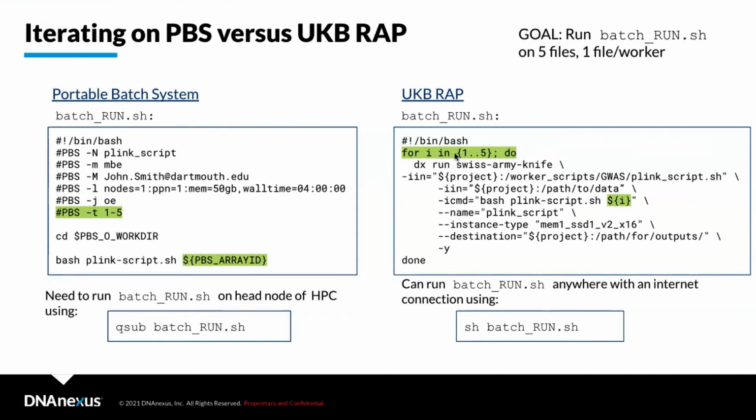For example, this is going to range from 1 to 5. The command that's actually going to be run on the worker is bash plink_script.sh, and it is going to use the number of the chromosome as an input. We'll dive into what exactly that's doing on the worker in just a second. But execution-wise, on HPC, we need to execute this on the head node.